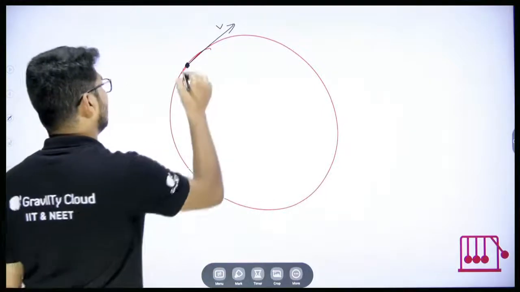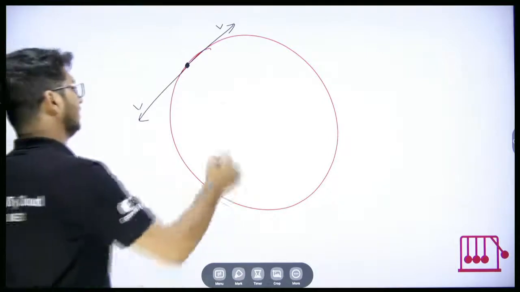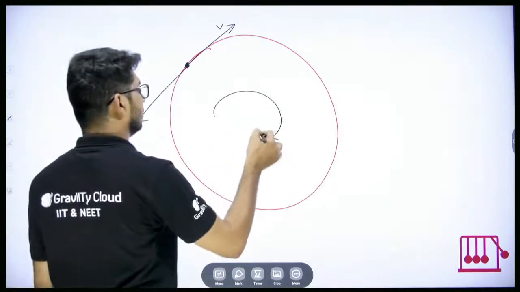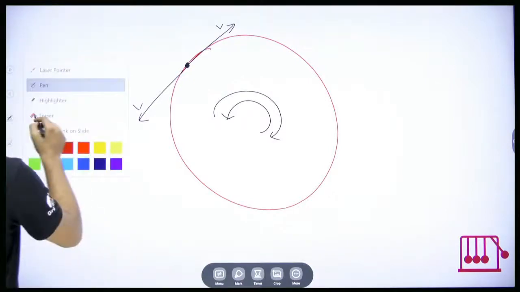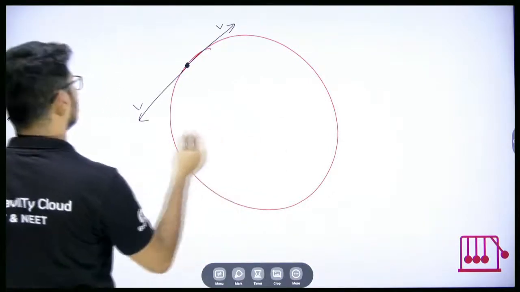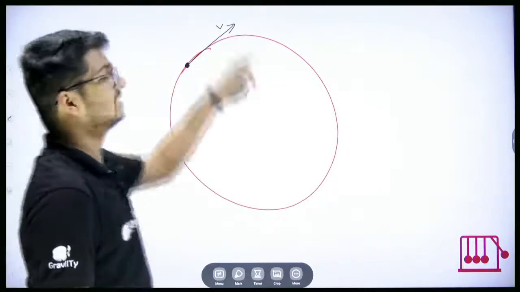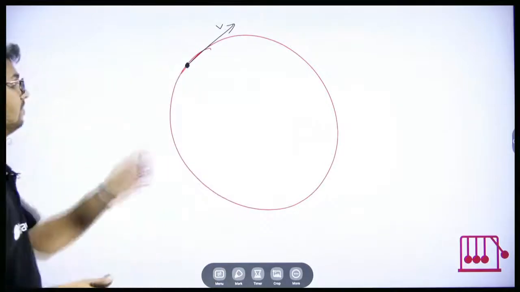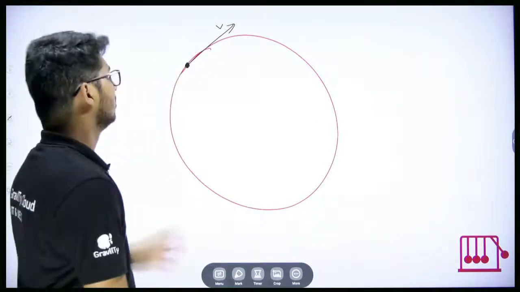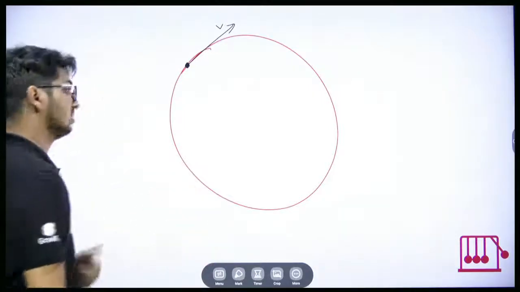If it is rotated in anti-clockwise direction, it will be in this way. So it depends on how you are rotating. Okay, we'll take it to be anti-clockwise. So this is the direction of velocity. This way you can take it at any point. It will be along the tangent.